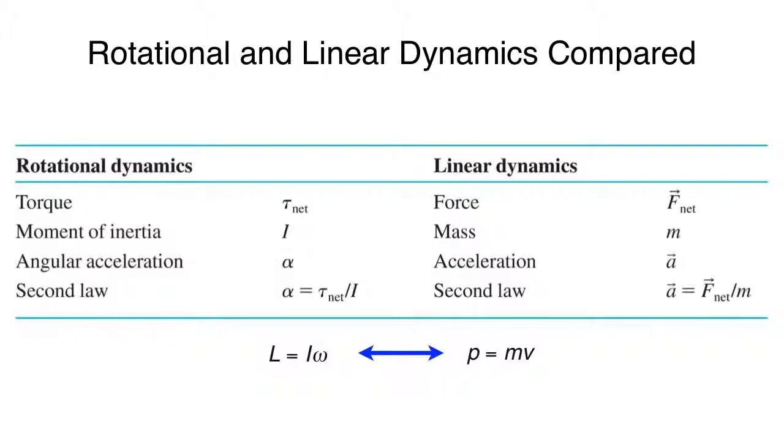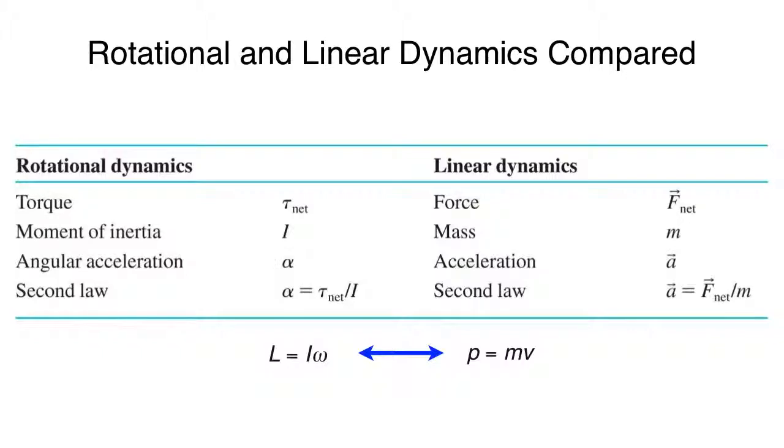I applied a torque to Andrew's arm. Then I had an angular acceleration that caused rotation, and I gave it angular momentum. So when I have an angular speed, omega, with an object with a moment of inertia, I can have an angular momentum.